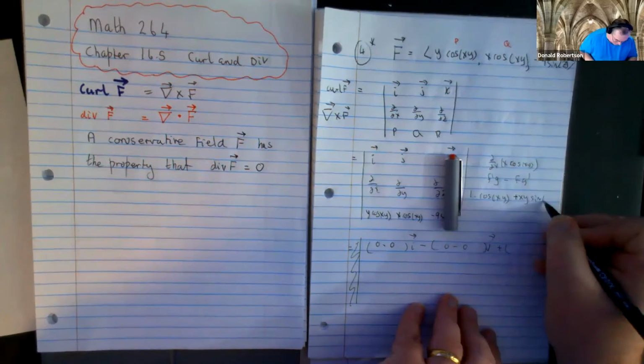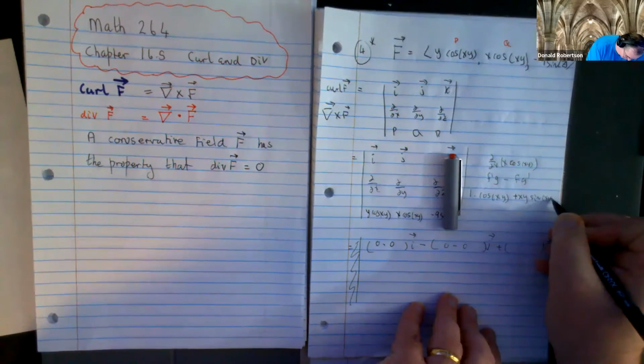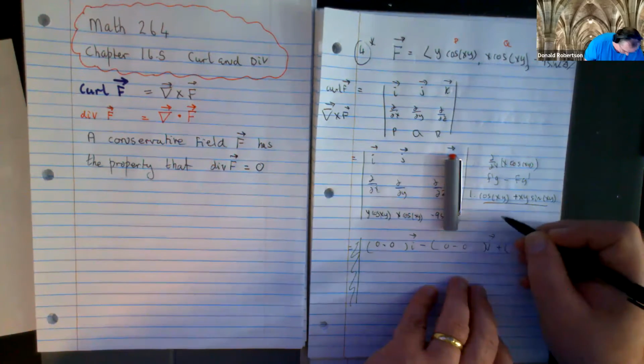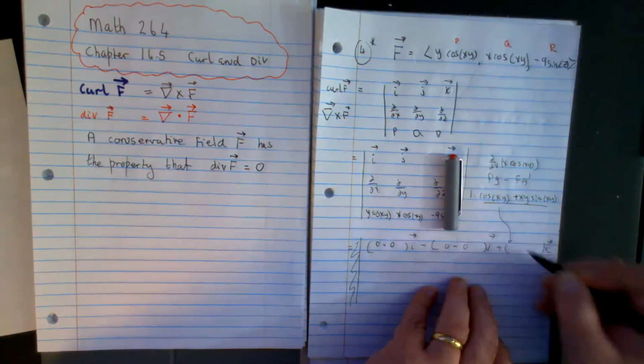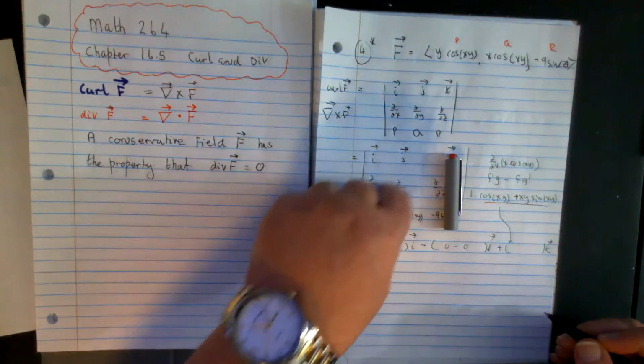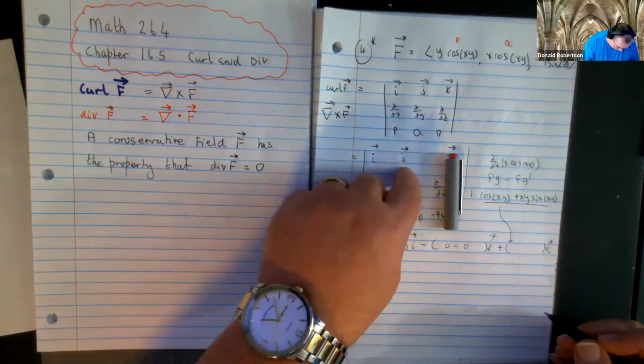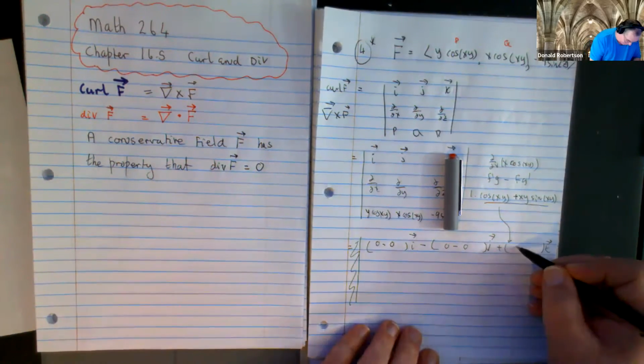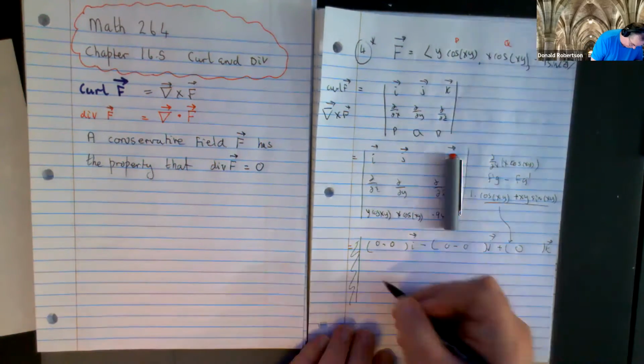There you go, you get that. So that goes in here. And then if you take away this, going this way, you're basically going to get the exact same thing. So it ends up being a 0. So we get 0, 0, 0.